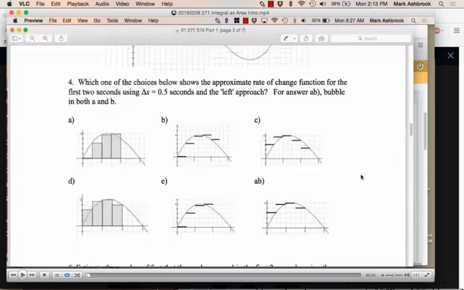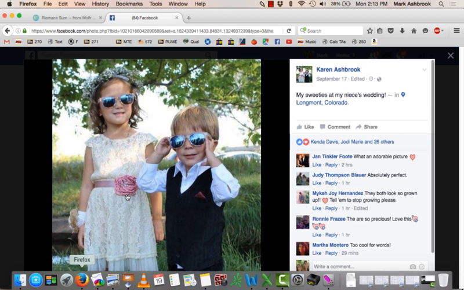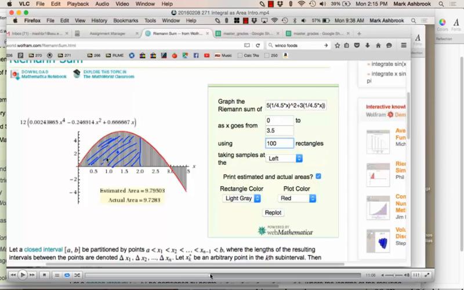So let's look at, all right, there we go. That's what I wanted. I don't know why it didn't work. Okay, so this is what I showed you before. And so on that problem on the test, what happens when you use more rectangles?